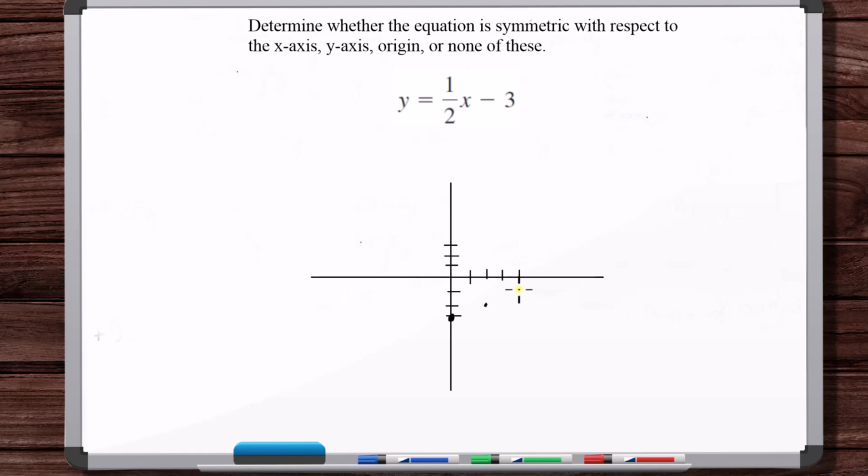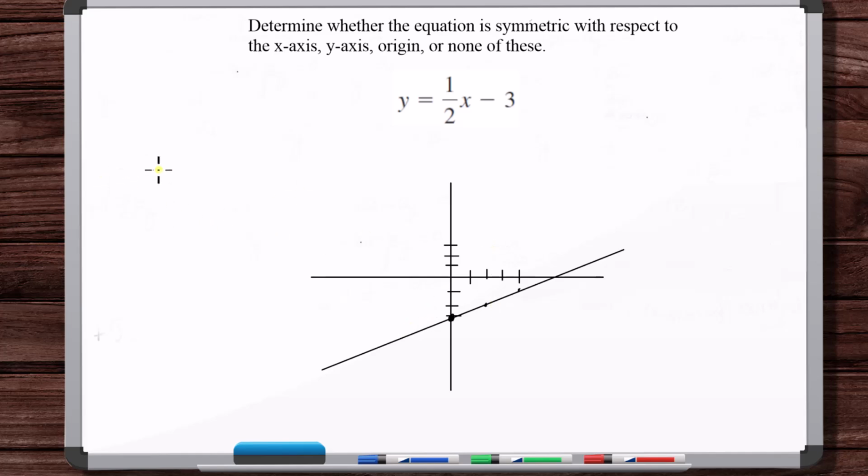Over 2, up 1. I mean, to me, this is going to have no symmetry. I guess only horizontal and vertical lines would have a symmetry, and then maybe a line going through the origin, a 45-degree line, would have symmetry about the origin.